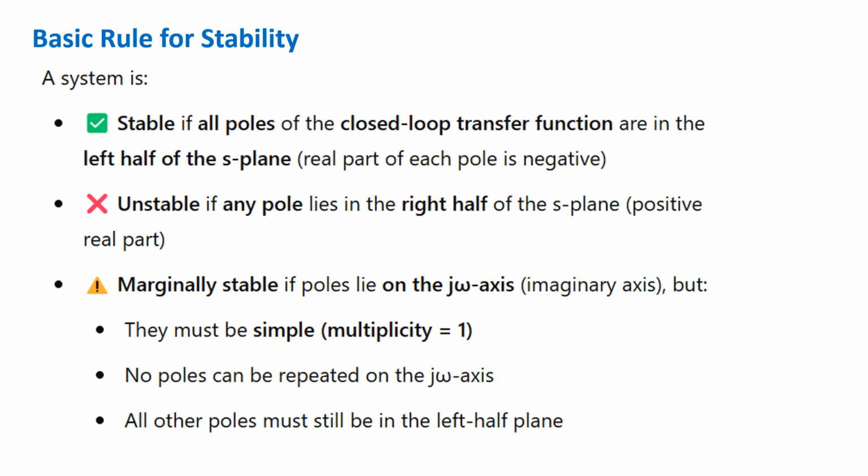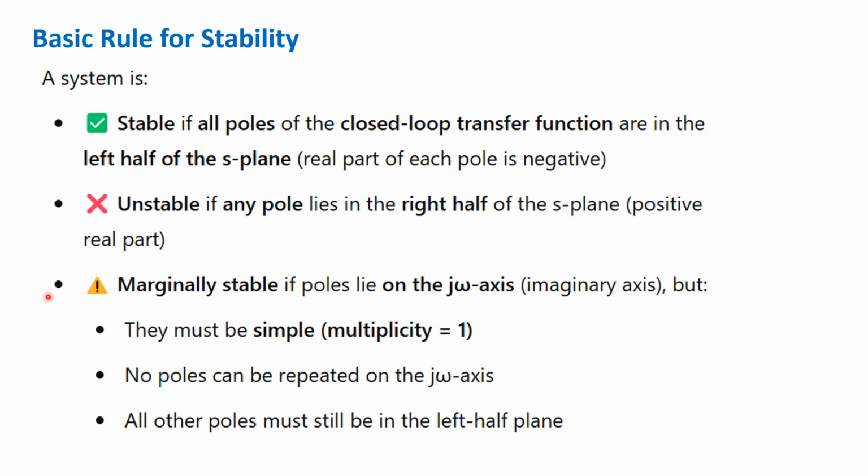So the basic rule for stability is as follows. A system is stable if all poles of the closed loop transfer function are in the left half of the S-plane. In other words, the real part of each pole is negative. A system is unstable if any pole lies in the right half of the S-plane, which means the positive part of the S-plane.